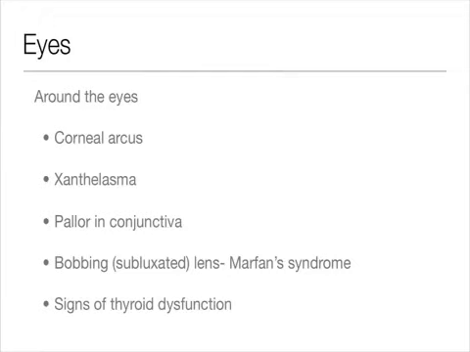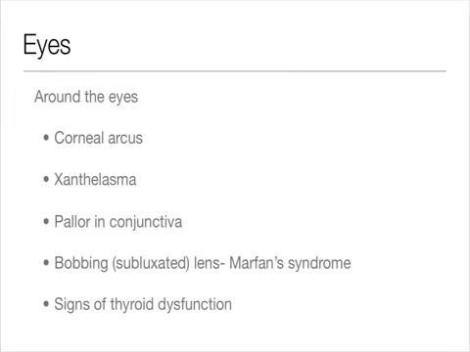Moving on to the eyes then, we want to look around the eyes for any corneal arcus or arcus senilis, and this is an opaque ring in the corneal margin and can be a sign of hypercholesterolemia when it occurs in the young, or it can just occur in the elderly population.